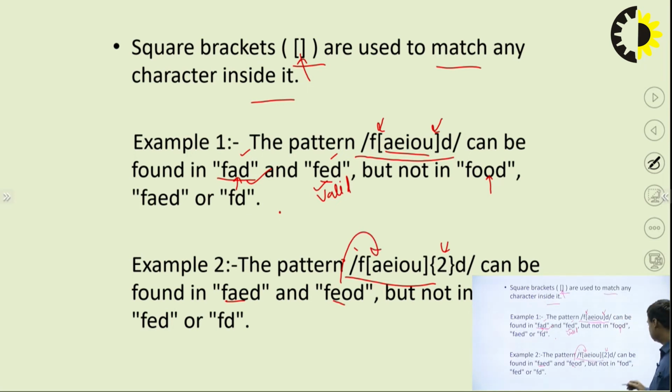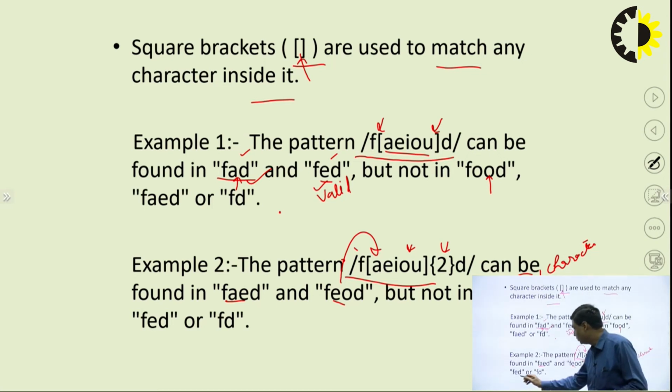and it is not applicable. Why is it not applicable? Very simple. It is not applicable because at this position there must be 2 characters. We have only 1 character. So it is not applicable.